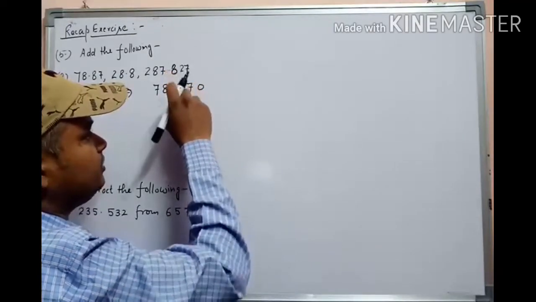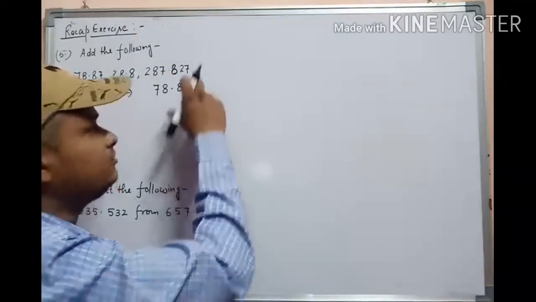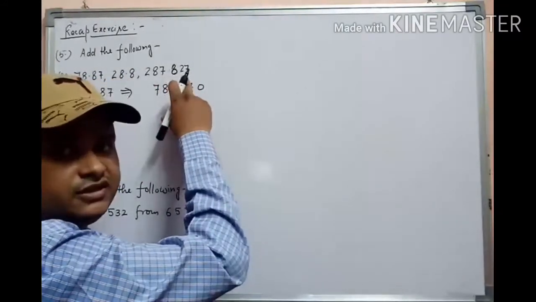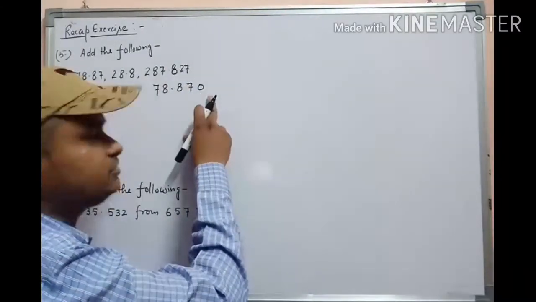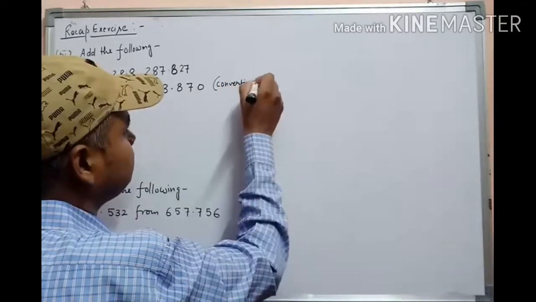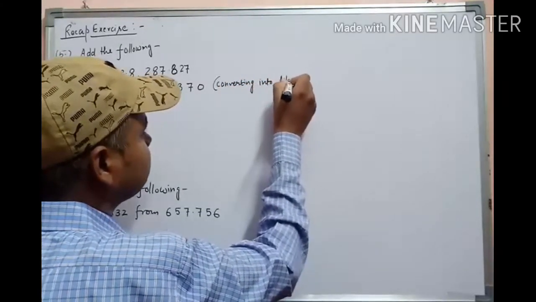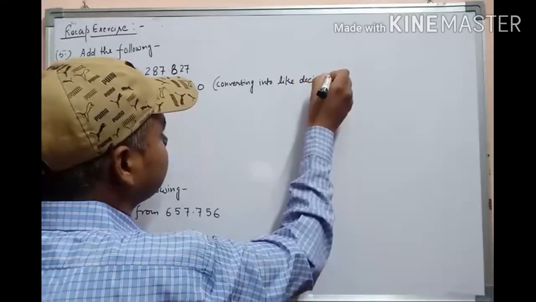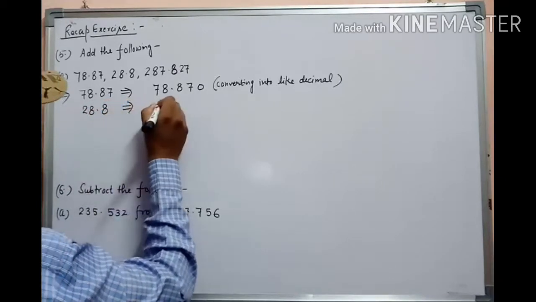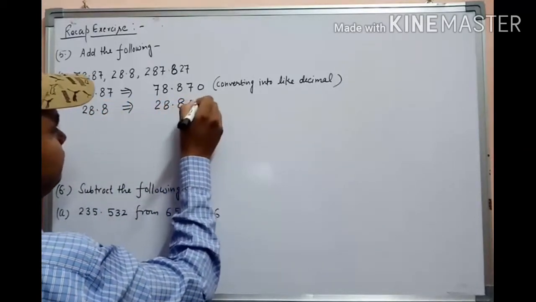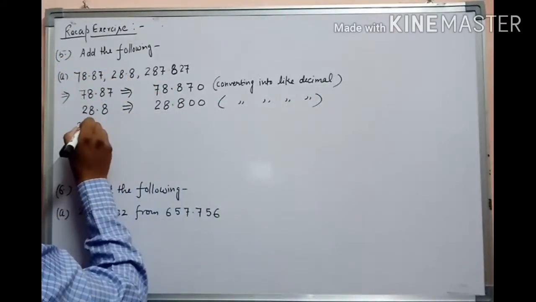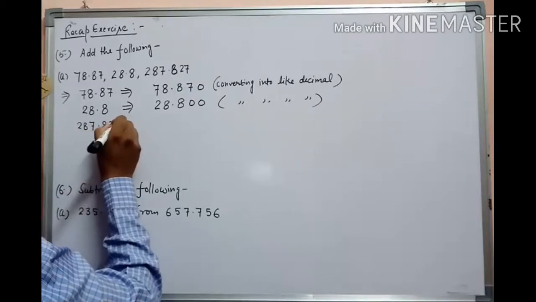Both numbers will become like decimals, because here it is 3 digits and here it is also 3 digits. And this is 28.800. It is also converted into a like decimal, and this number you write as it is.